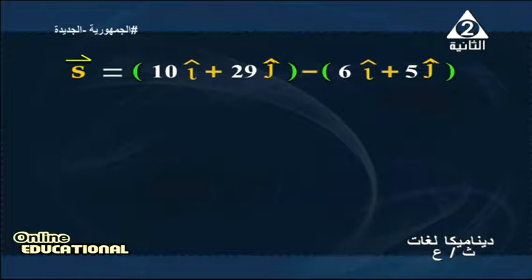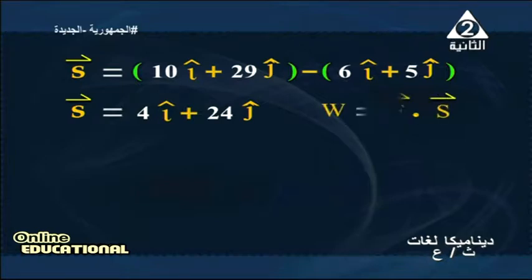Then the displacement vector S equals 10i + 29j, which is x at t equals 5, minus 6i + 5j, which is the position vector x when t equals 1 second. Then the displacement vector S equals 4i + 24j.